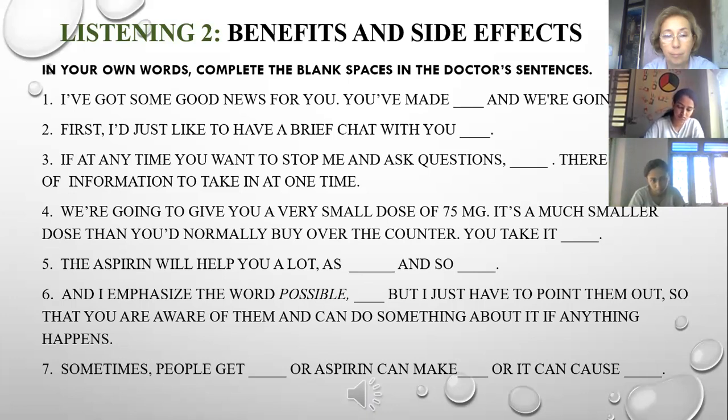Sometimes people get an upset stomach, or aspirin can make the stools of some people dark and smelly, or it can cause bleeding, like nosebleeds, or shortness of breath. But remember, I'm just pointing them out to you so that you're aware of them. Also, look at the leaflet that comes with the tablets. If you do get anything, just get in touch with your GP. Is everything okay so far? Yeah. Okay. Would you like to go through everything and explain it to me?